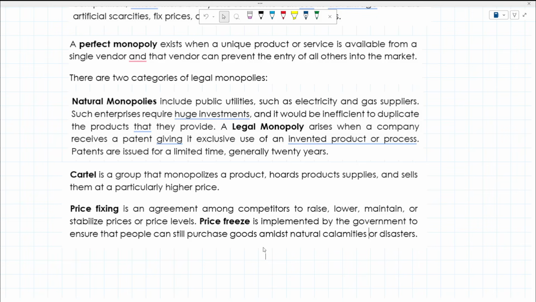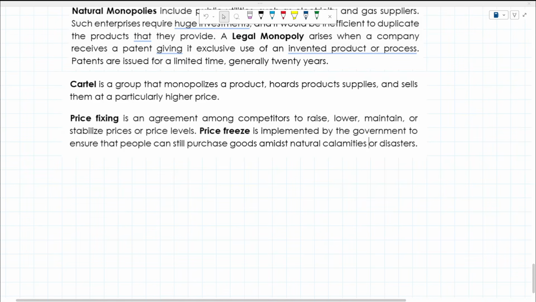But along with the price freeze is the restriction in the quantity sold. So it may be limited na dalawang ganito lang kada tao. Para nga makabili lahat, 'di ba? That is what we mean by price freeze.